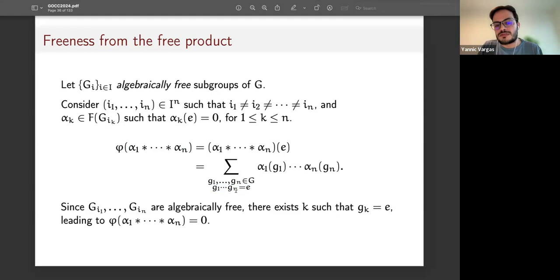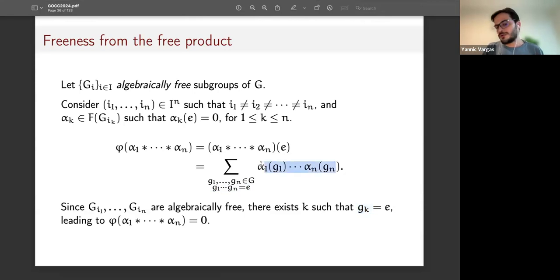So if there exists such an element, say j_k, which is the neutral element, I will end up in this factor with alpha_k of j_k, which is alpha of a, which is 0. So this sum is parameterized by those kinds of factorizations. For every one of those factorizations, I will have one element which necessarily must be the neutral element.